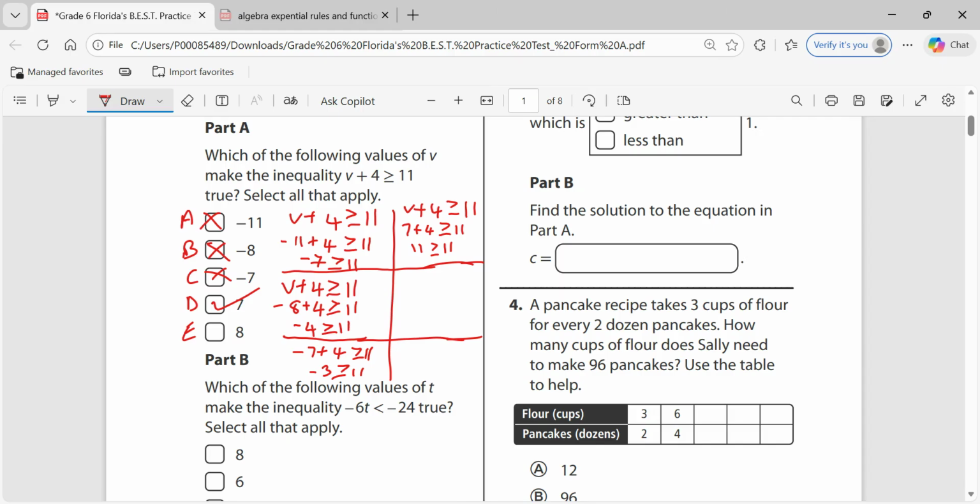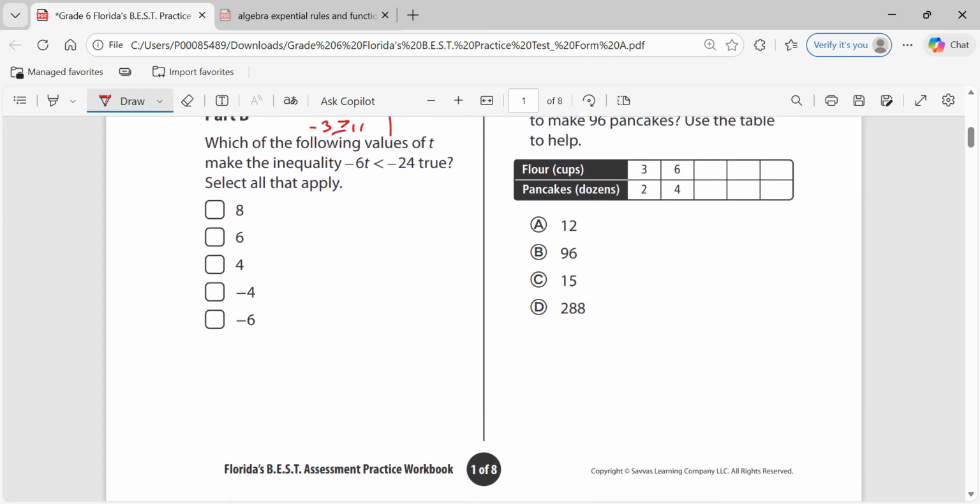Then I look at E. 8 plus 4, is that greater than or equal to 11? Well, 8 plus 4 is 12, and 12 is greater than 11. So that's true. My answers are D and E. Keep in mind when they say to select all, that tends to mean that you will have more than one. So keep hunting till you find them.